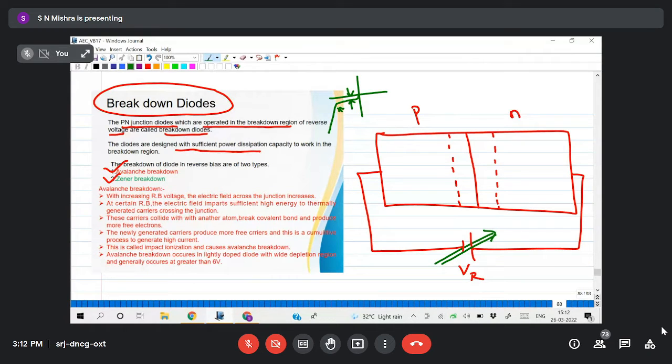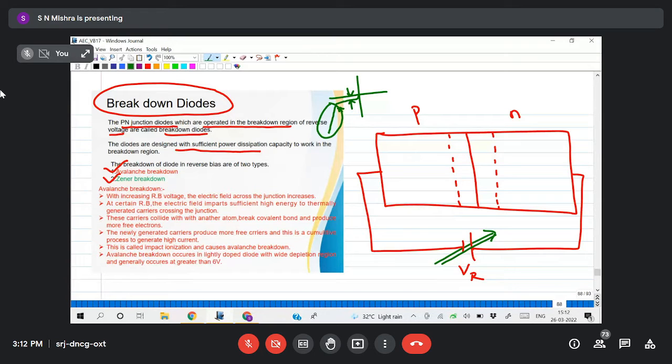How will we analyze why the current increases here in the reverse direction? We will try to understand. During the PN junction operation in forward bias, the majority carriers flow from the P side to the N side after the depletion region is erased. But in reverse bias, majority carriers will not flow from one side to the other.